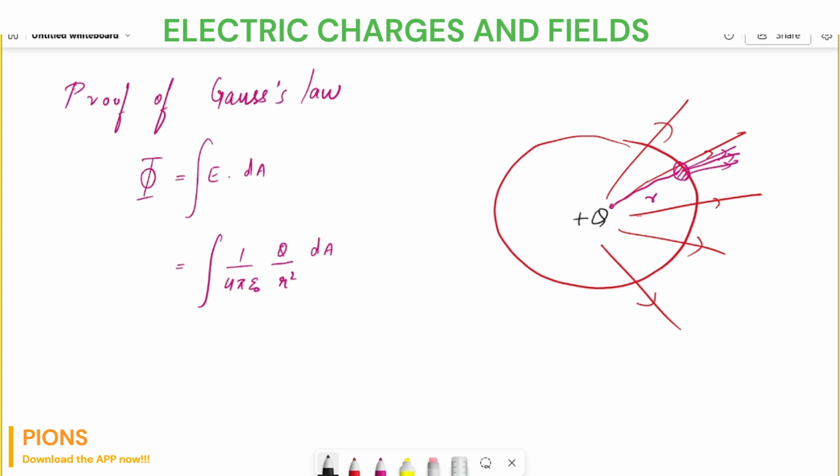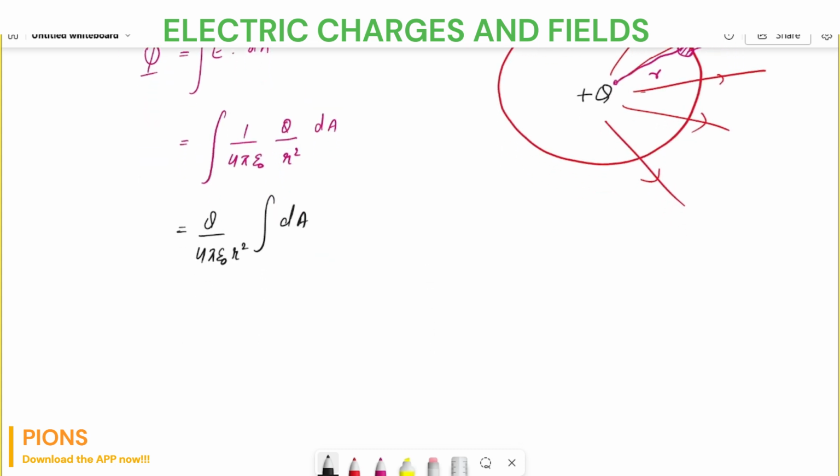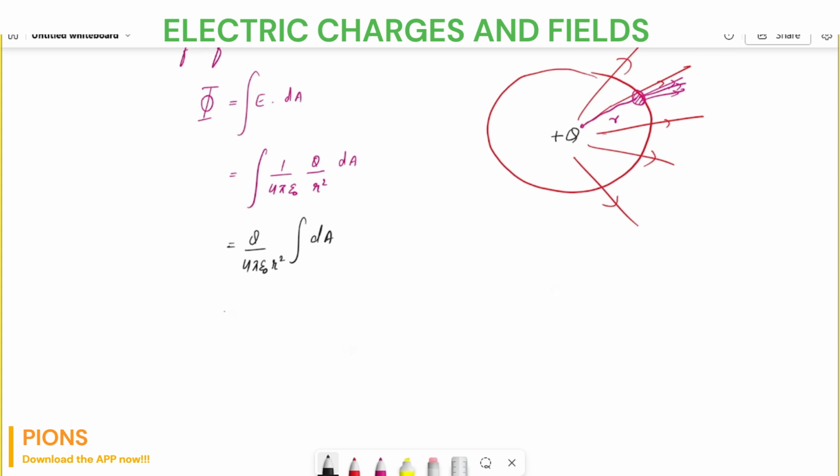So for the time being, just remember that sir is going absolutely correct, okay. So taking the constants out, 1 by 4 pi epsilon naught r square, and integration of dA from maths will give us the total outer surface area of this sphere, and that is nothing but how much? 4 pi r square.